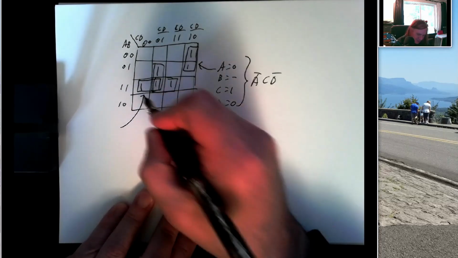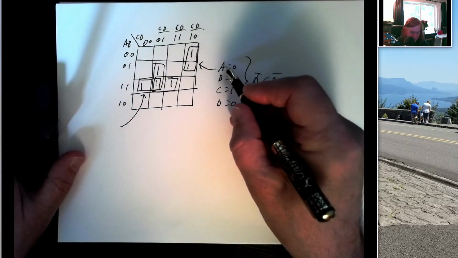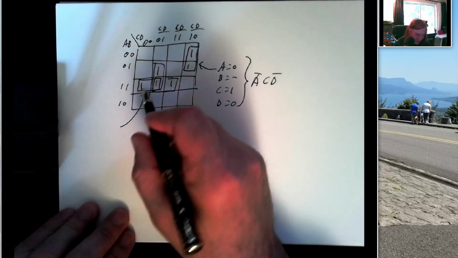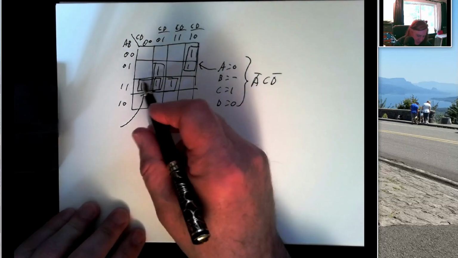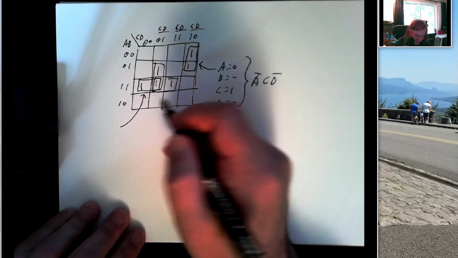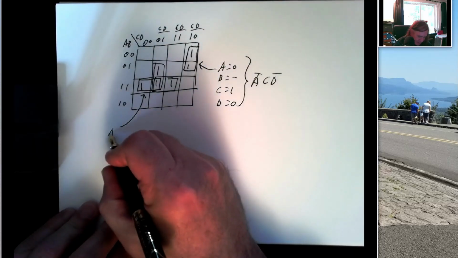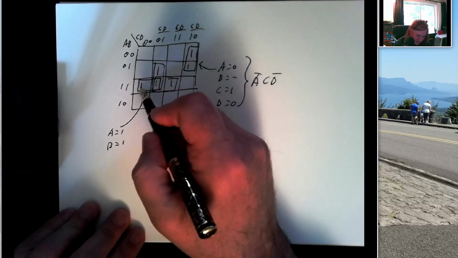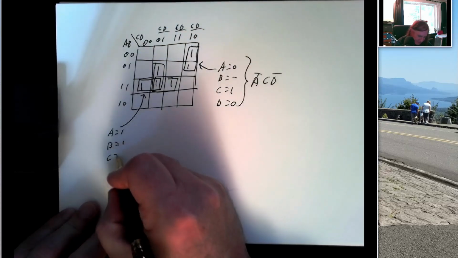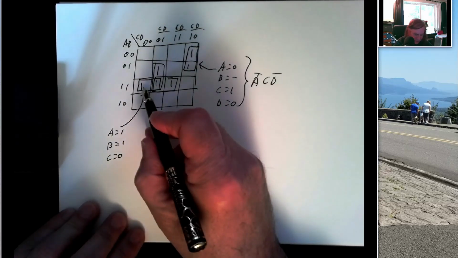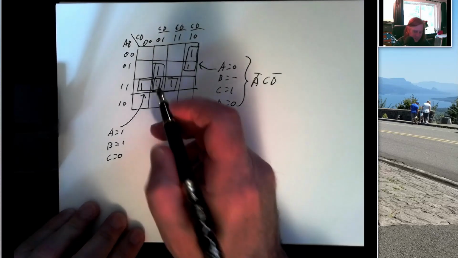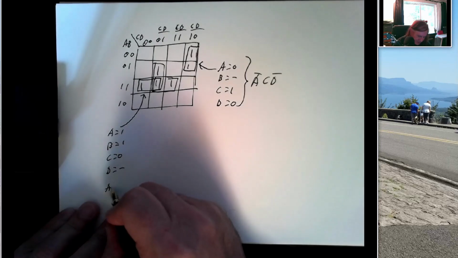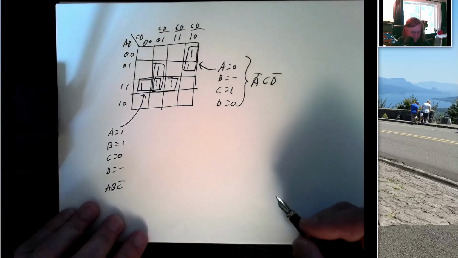Once you've done this a few times, you can stop writing these intermediate steps. I'll do this one more time. I'll look at this 1 by 2 and observe that A is equal to 1, B is equal to 1, C here and here is a 0, but in this box D is a 0, over here D is a 1, so D is a don't care, and so this corresponds to A, B, C bar.